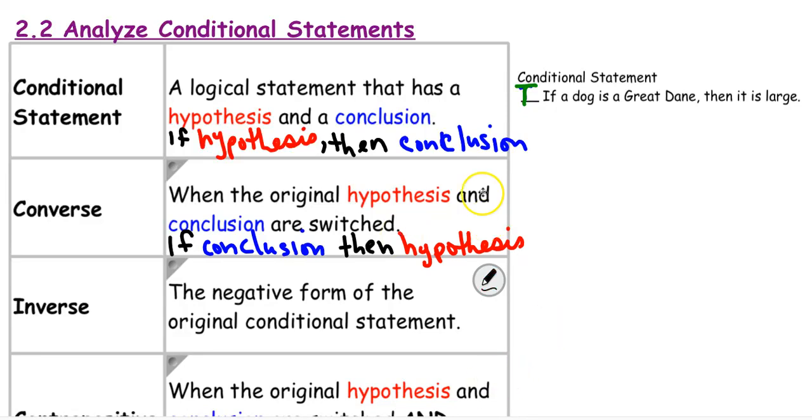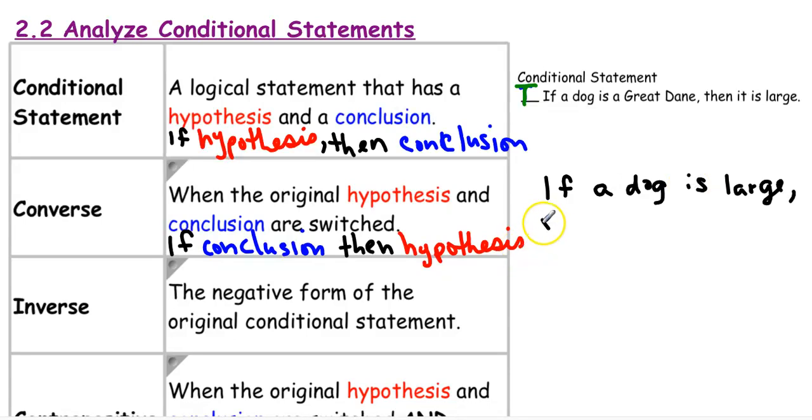So if I write this out for our Great Dane example, we could say, if a dog is large, then it is a Great Dane.